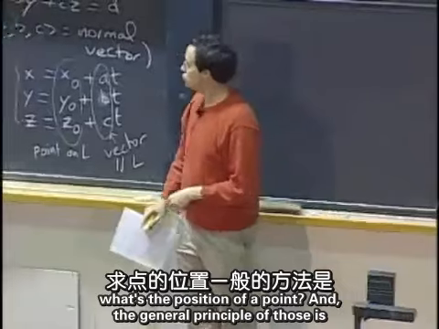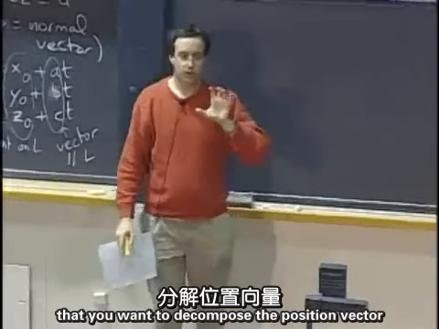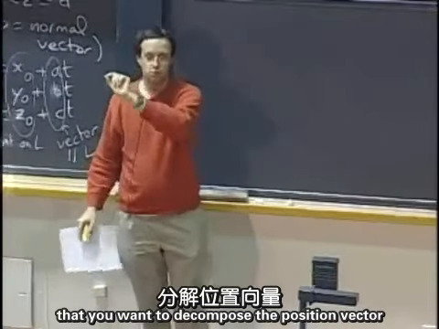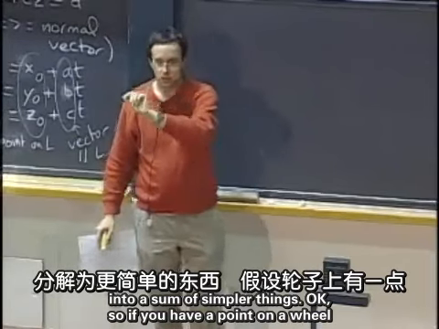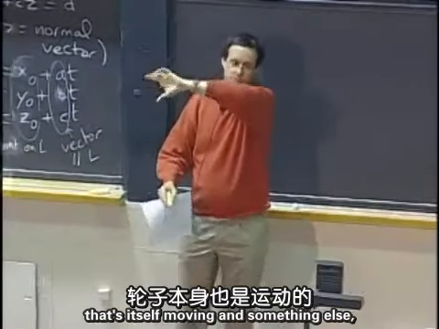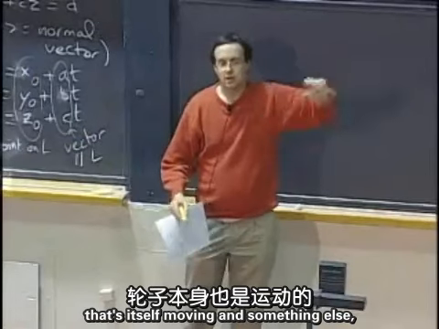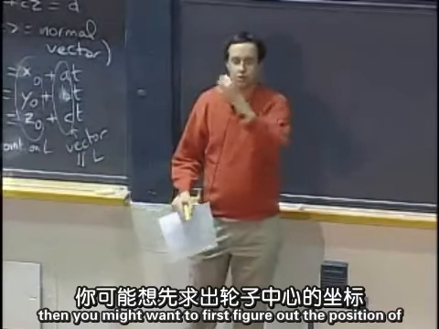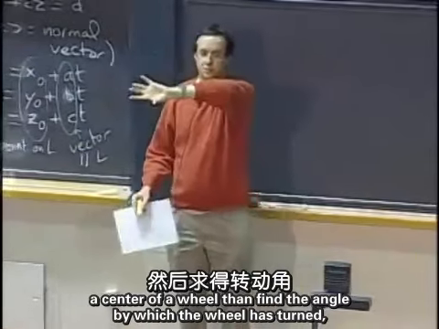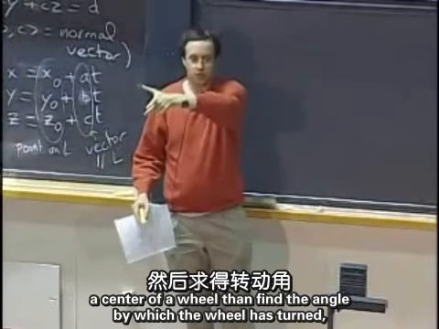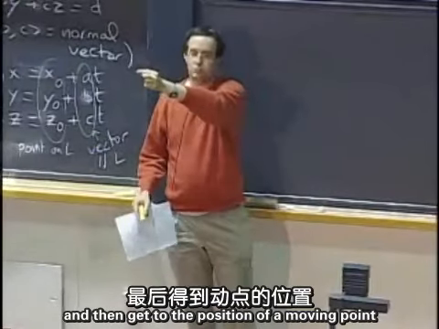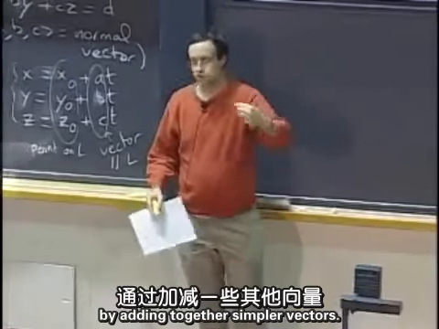And the general principle of those is that you want to decompose the position vector into a sum of simpler things. So if you have a point on a wheel that's itself moving on something else, then you might want to first figure out the position of the center of the wheel, then find the angle by which the wheel has turned, and then get to the position of the moving point by adding together simpler vectors.